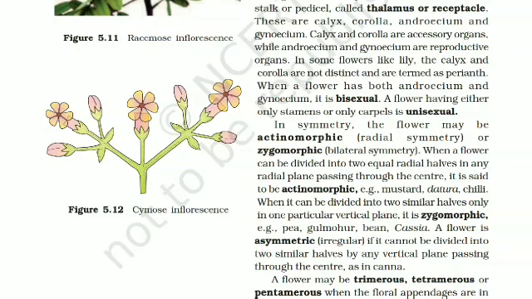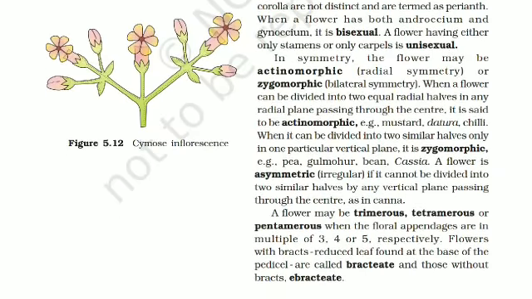Now, a flower is asymmetric if it cannot be divided into two similar halves by any vertical plane, just like the animals, and this example is canna flower. Now, what about the number of floral appendages? A flower may be trimerous, tetramerous or pentamerous when the floral appendages are in the number 3.